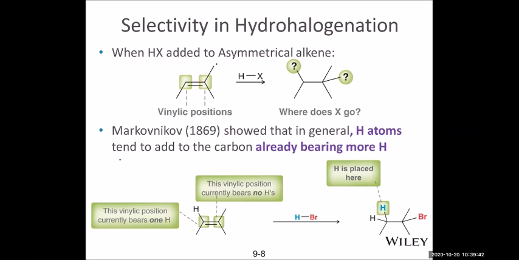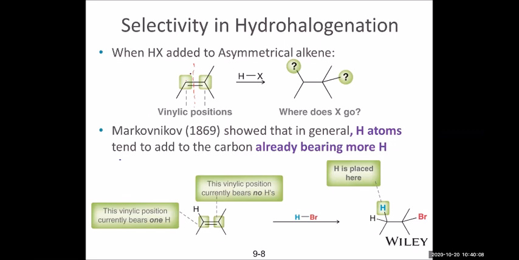So, for example, these two carbons, left and right, are different. When we add a hydrogen and then add the halide, the halide can be here, or the halide can be here. Which one is the major product? The Russian chemist Markovnikov found there's a general pattern.